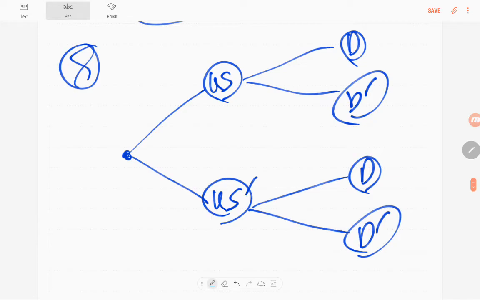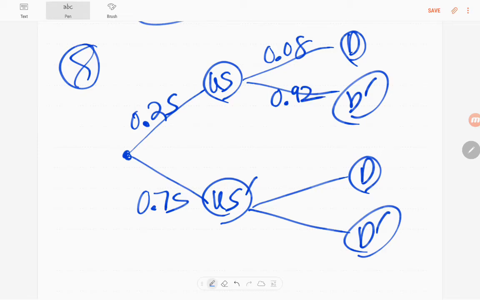Try to fill in all the branches with numbers. 75% of the drives are made outside the U.S. That means 25% of them are made in the U.S. Of the U.S.-made drives, 8% are defective, which means that 92% of them are not. Of the foreign-made drives, 9% are defective, which means 91% are not.